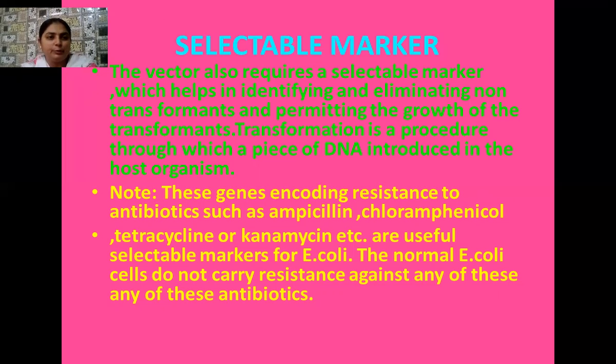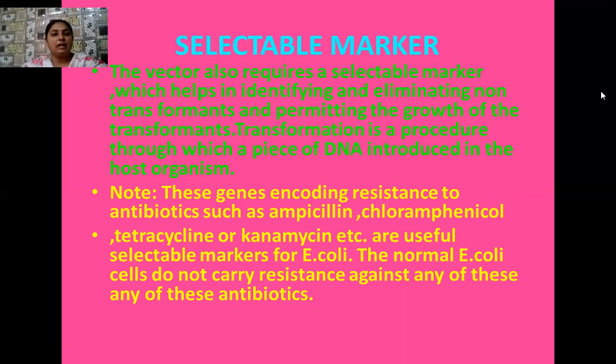Here what we do, suppose we have inserted some antibiotic resistant gene. In order to check whether our antibiotic resistant gene insert enters into the progeny cell, that means the progeny cell becomes a transformant, we arrange so many Petri plates, 3 to 4 Petri plates, and we put different types of antibiotics over them.